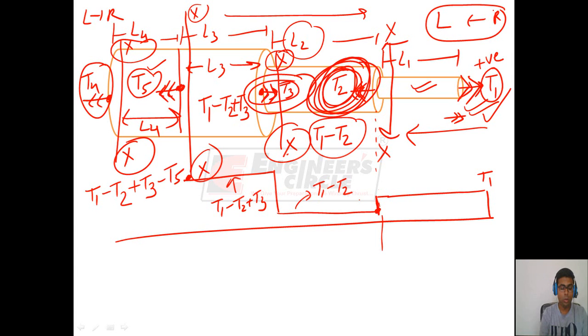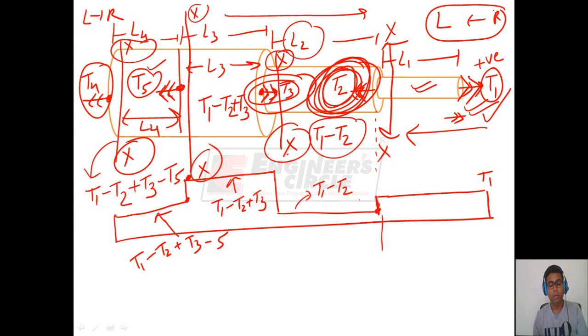So this is the internal torque on this cross section XX. So we have the value T1 minus T2 plus T3 minus T5. So it will be somewhere here.